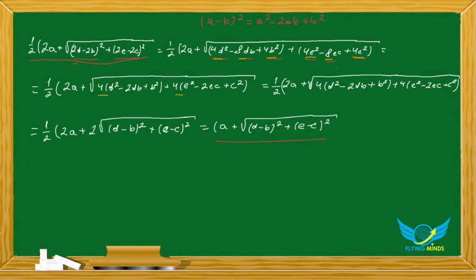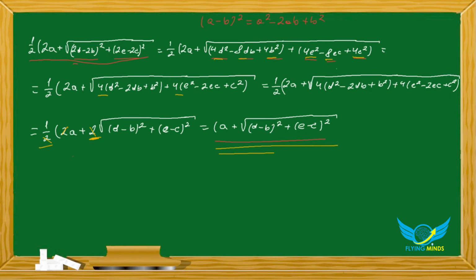We take it outside the radical of the square root, and then we have a half in front of the brackets, so we can cancel these coefficients. So at the end we get a plus square root of d minus b squared plus e minus c squared.